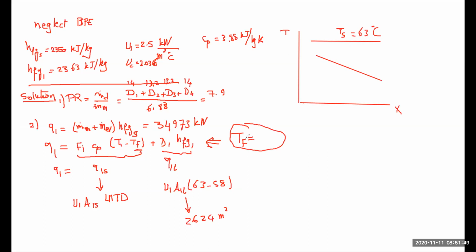And the T feed here, when you calculate it, you'll find that the value is 45.61 degrees Celsius. So this is going to be heated from T feed to T1. So we can say that this is delta T1, this is delta T2, and then we can calculate each one of them.